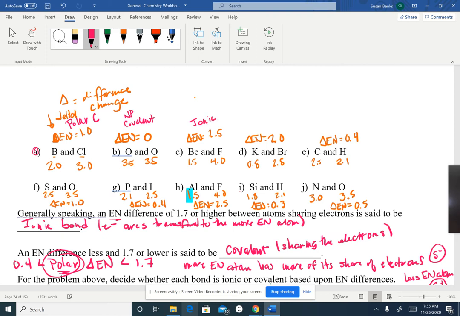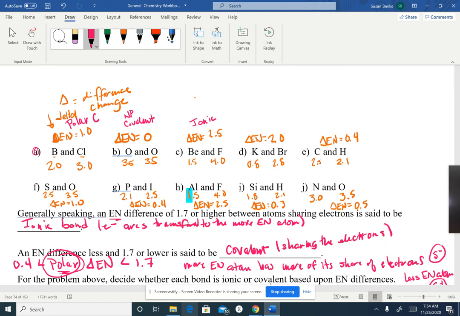Okay, I want you guys to use that scale of 0 to 0.4 for nonpolar covalent, 0.4 to 1.7 for polar covalent, and greater than 1.7 for ionic, and fill the rest of these in. Pause for a second and we'll come back.